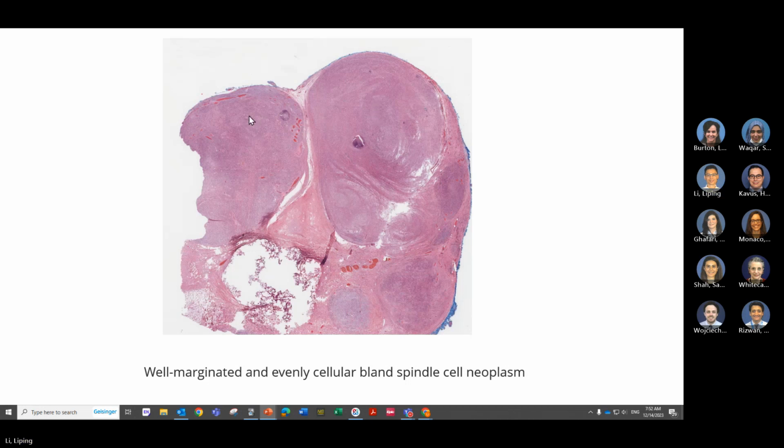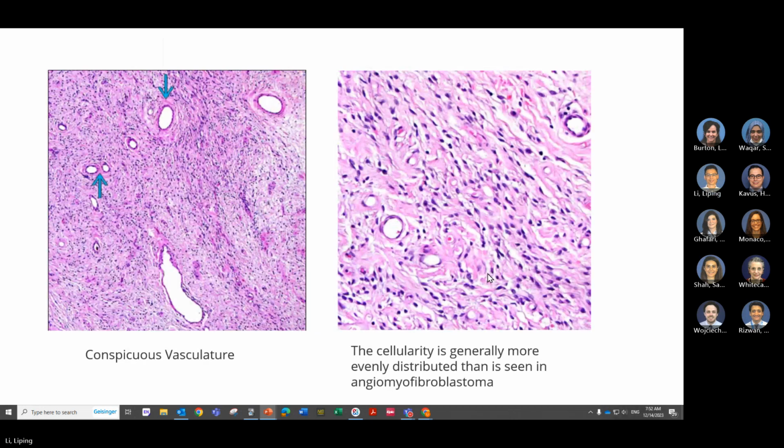Most of this area is cells, so this is hypercellular. Then we have these medium to small size vessels, but we can see the hyalinized vessel walls. And then the spindle cells blend. Rarely do we see mitotic figures.